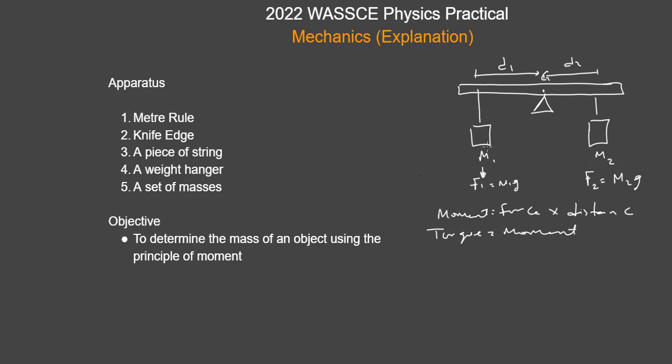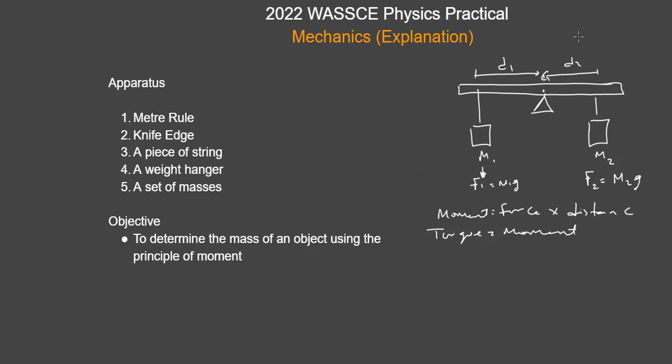The one on the left, which is F1, think about it. If you pull this meter rule on this left side, it tends to rotate this meter rule in an anti-clockwise direction, whereas F2 tends to rotate it in the direction of a clock, that is clockwise direction.